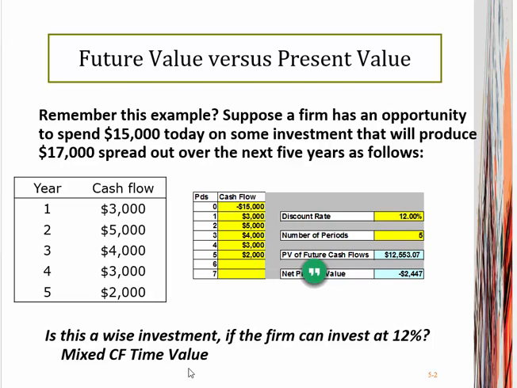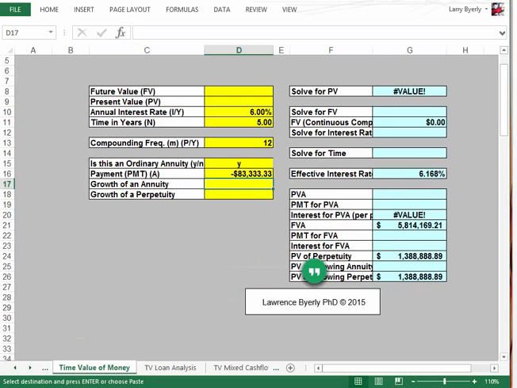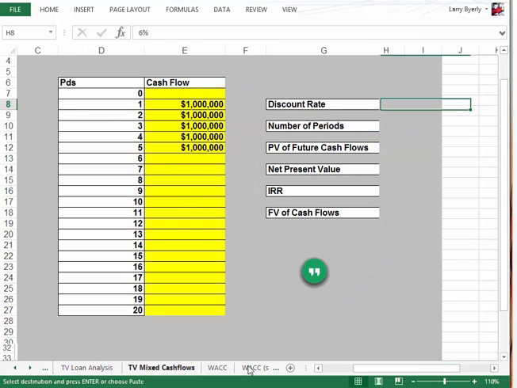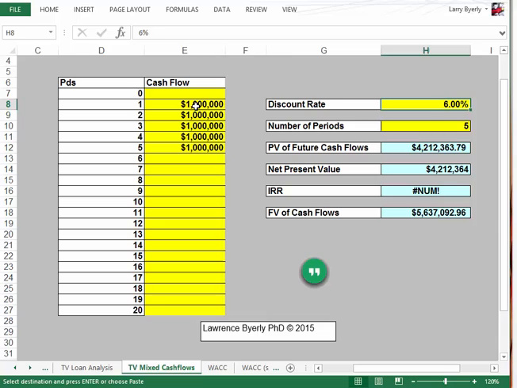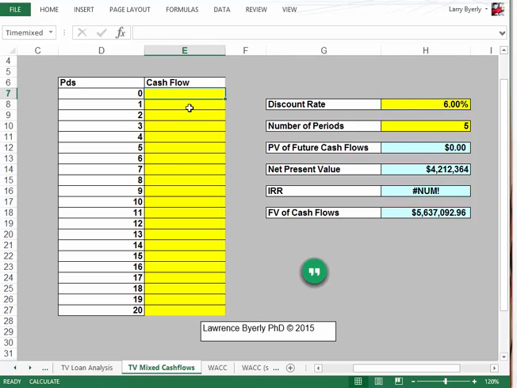So what we can use, if we go to our time value analysis, is this: here's the time value of money, but this is a mixed cash flow stream, so we need to go to the mixed cash flow analysis. They're going to invest $15,000, so it's a negative number.